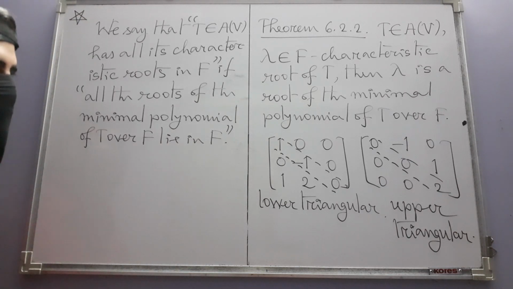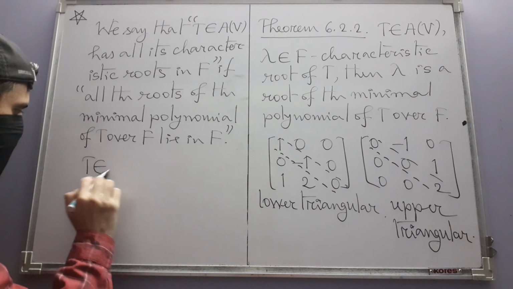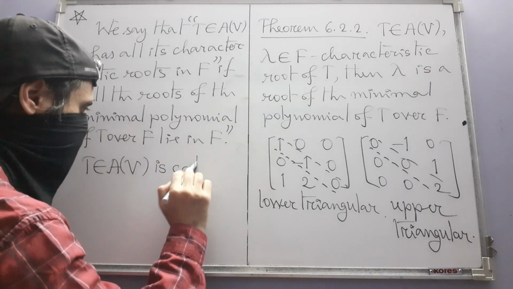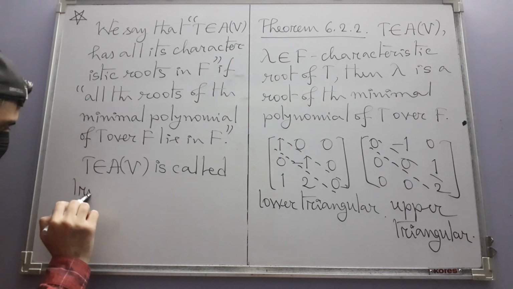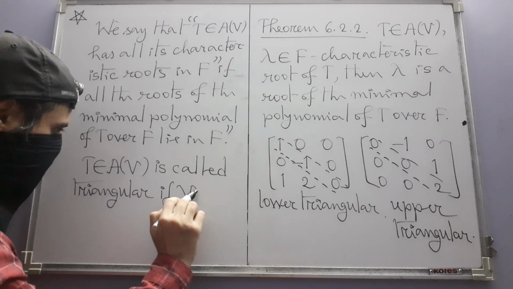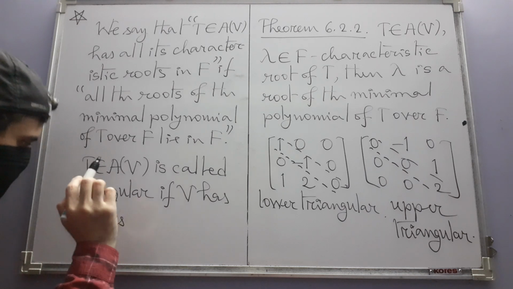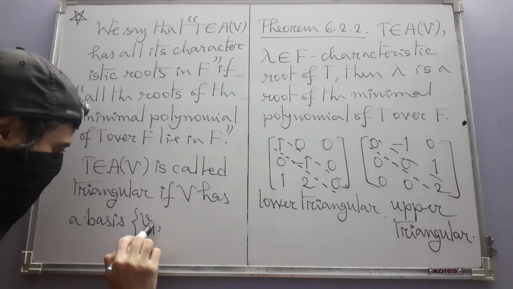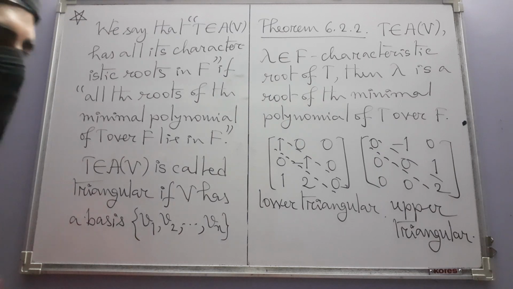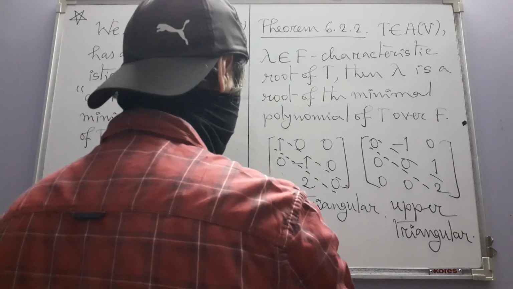Similarly, we can also define a triangular linear operator. T in the algebra A(V) is called triangular if V has a basis, say V is n dimensional, so that any basis will have n number of vectors, such that the effect of T on the basis vectors is triangular.